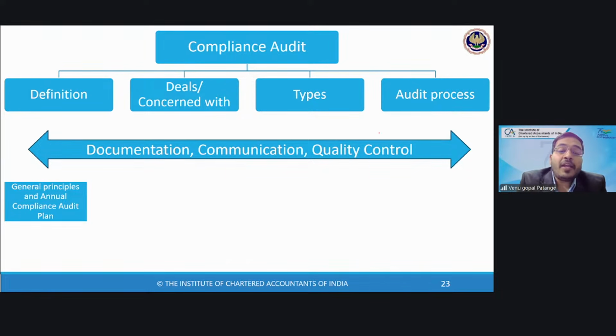You also prepare an annual compliance audit plan. Let us say you have been appointed as auditor for a big PSU. You may not be doing this compliance audit single-handedly and at one point in time. So you need to prepare an annual compliance plan.